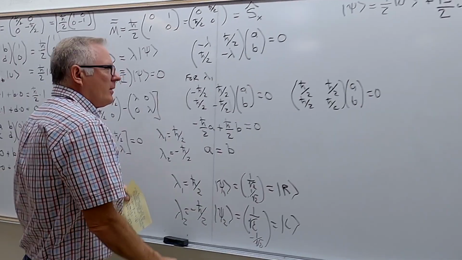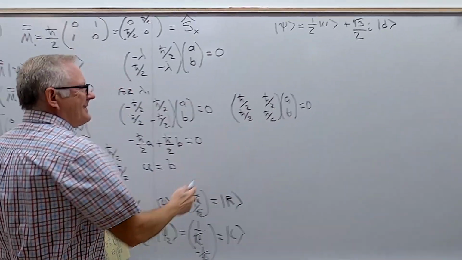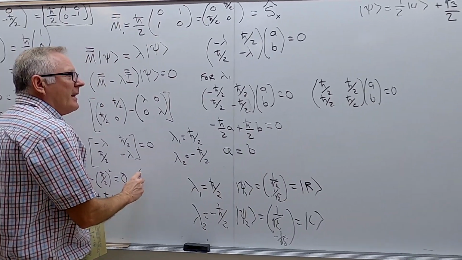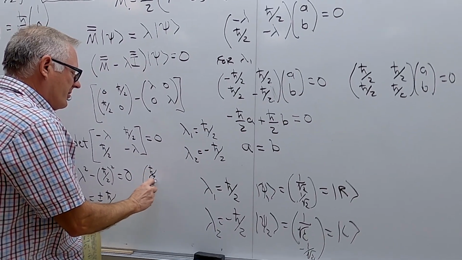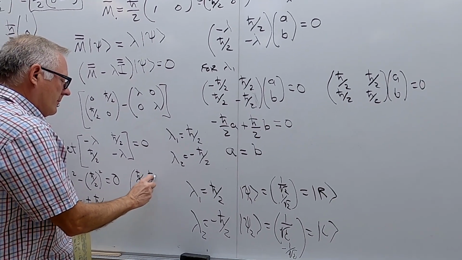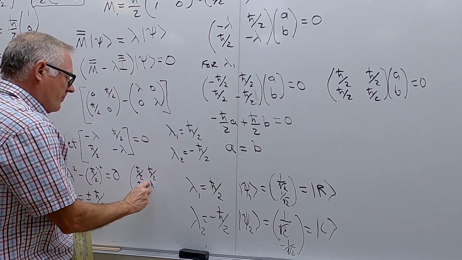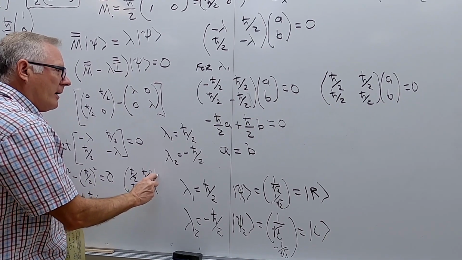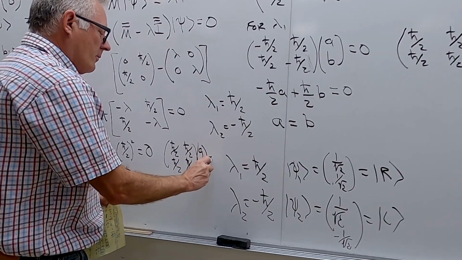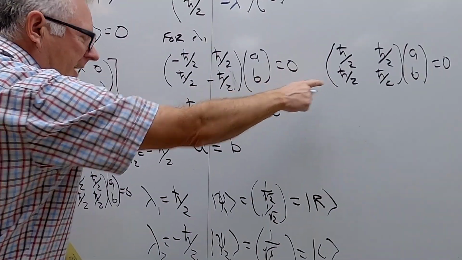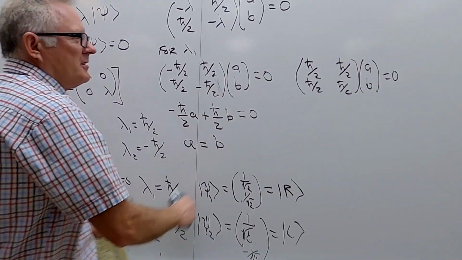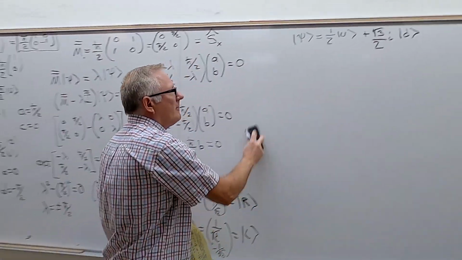Okay, I hate this thing sticking out there, so I'm just going to rewrite it right here. H bar over 2, H bar over 2, A, B equals 0. So I'm just going to take that and put it over here just so I have the space. I don't like this thing sticking out.